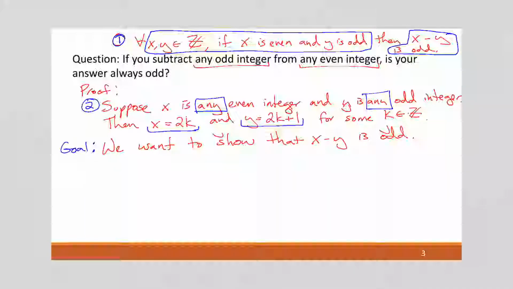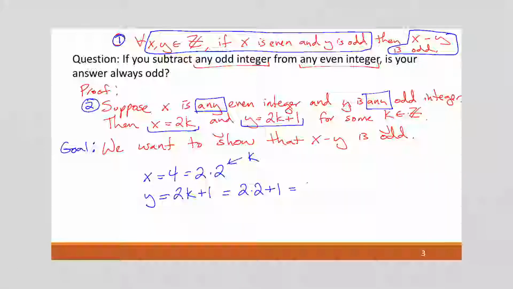So if x is 4, which we know is even because it's 2 times 2, so we call k 2, then I'm restricting y to be 2k plus 1, which is 2 times 2 plus 1, which is 5.